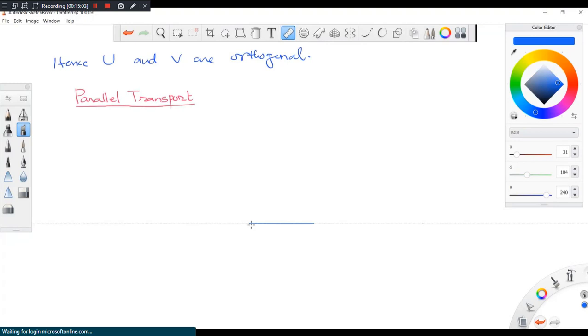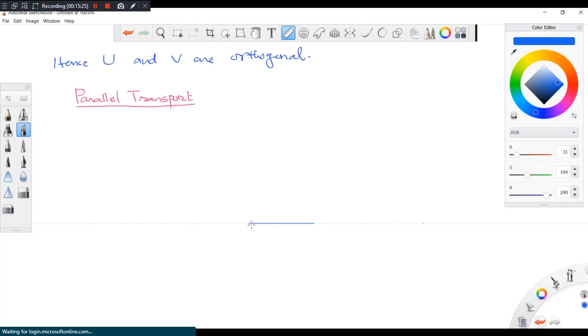We can imagine that. Then I am holding this vector and traveling along this straight line. When I reach here, this vector will be like this, perpendicular. And when I reach here, the vector will be like this. And when I reach here, the vector will be here.